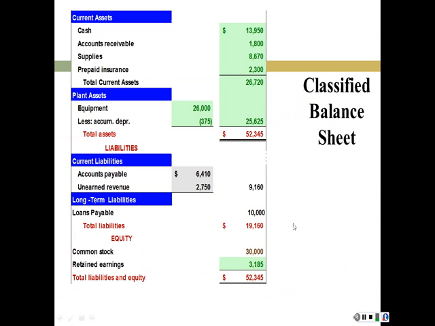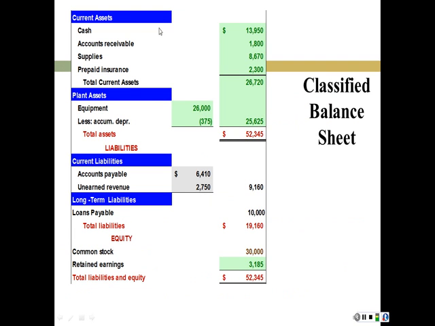Now we are ready to prepare a balance sheet. But this balance sheet looks different from the balance sheet we saw in chapter 1, which was divided into two halves, kind of like the accounting equation. That format was the account form. This format of the balance sheet is referred to as the report form because all the items are listed one below the other. So assets are listed first, then liabilities, and then equity.